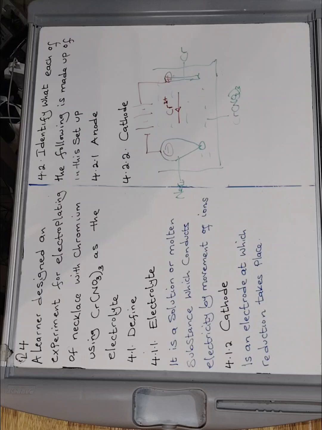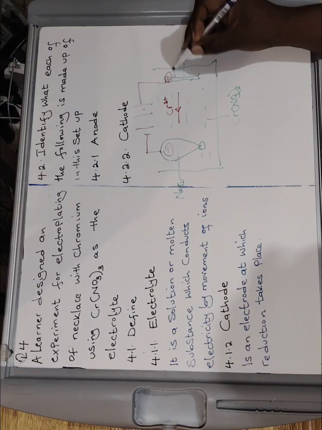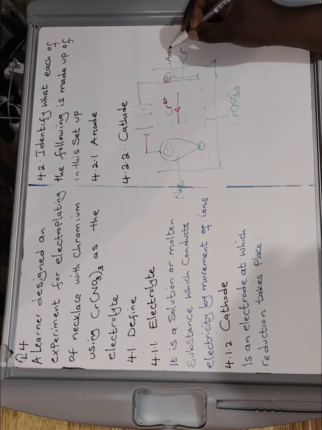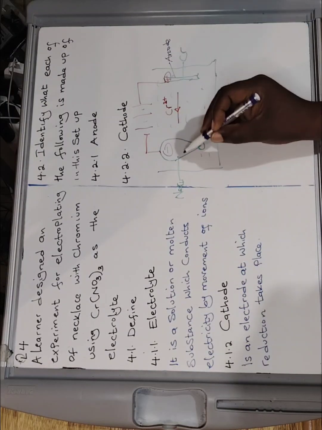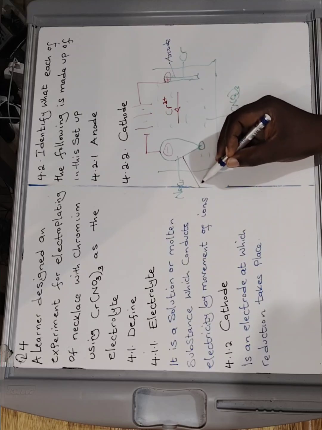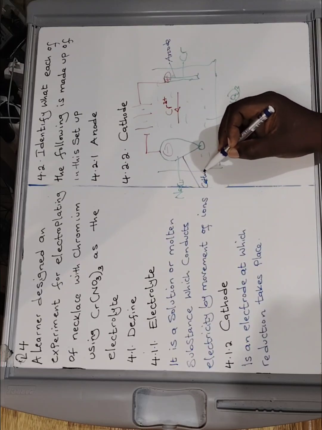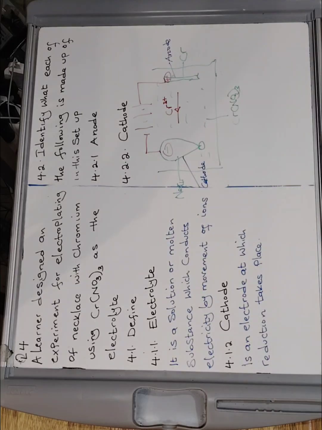We know that for an electrolytic cell, the positive is anode and the negative is cathode. And that is that.